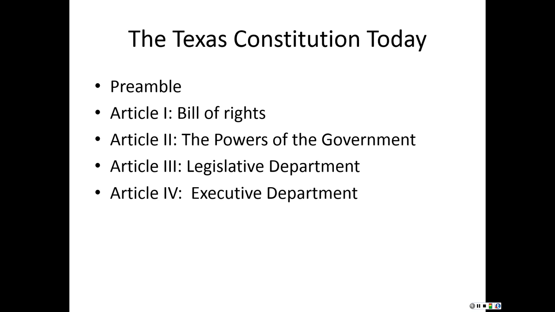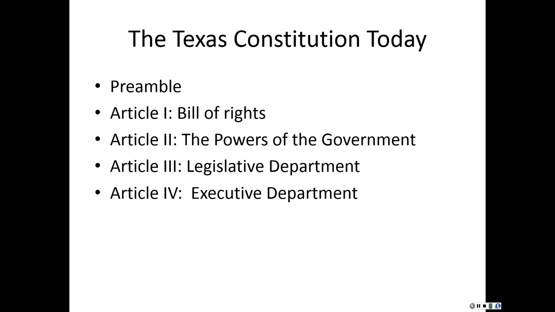Article 4, the Executive Department. Our Constitution divides the Executive Department into 6 distinct offices. 5 of these are elected. Our Constitution limits the Chief Executive's directive authority. This means they have very limited authority to issue binding orders. And they limit his or her budgetary power. They can only recommend a budget to the legislature.